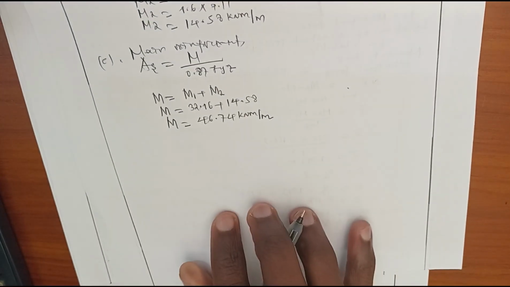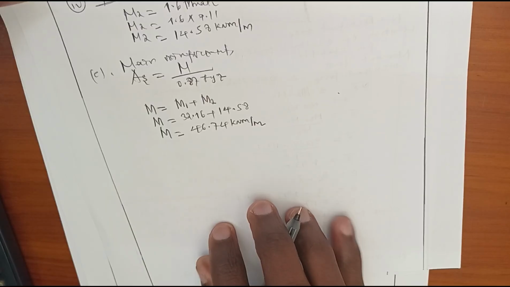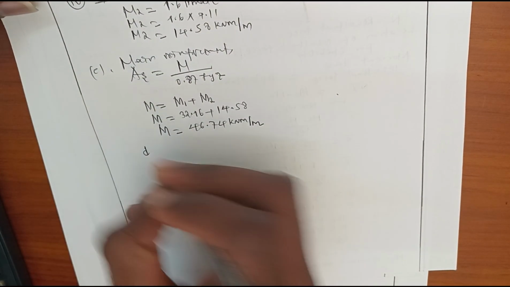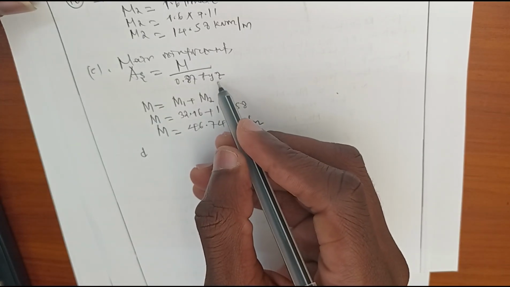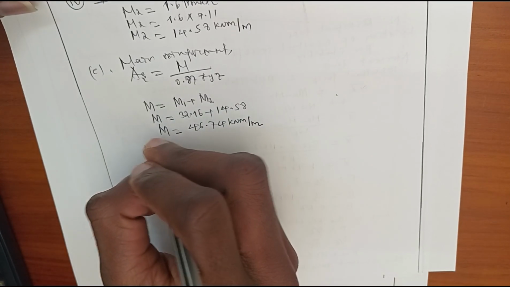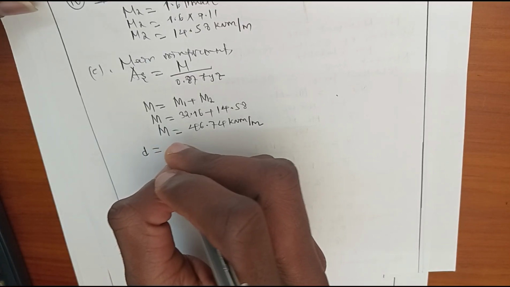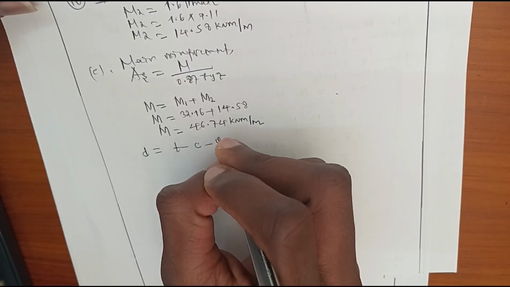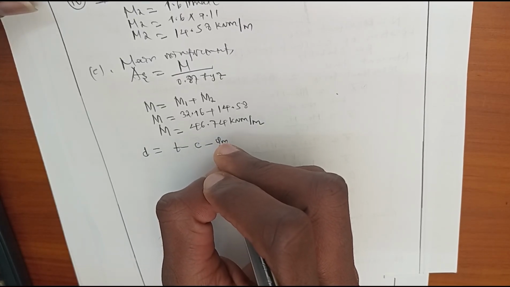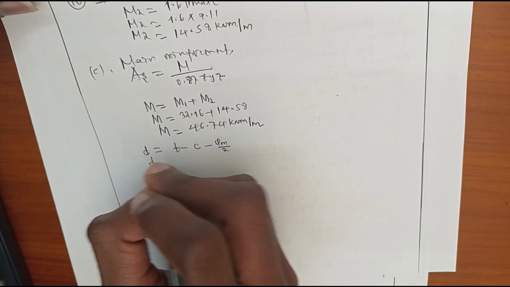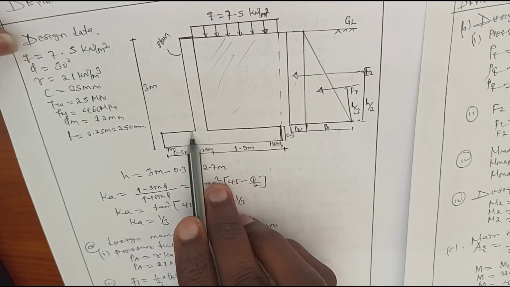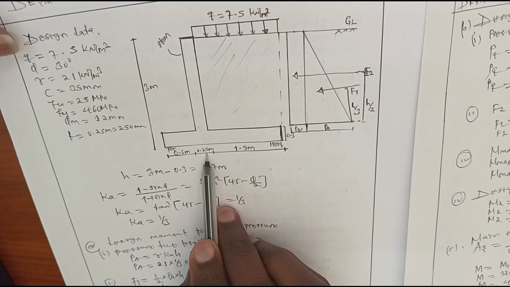After determining the total design moment of the stem, now let's determine the effective depth so that it will enable us to obtain the value of Z. Effective depth is obtained by taking the thickness of the stem minus cover minus the diameter of the reinforcement divided by 2. Now, the thickness of the stem wall is 0.25 meter.